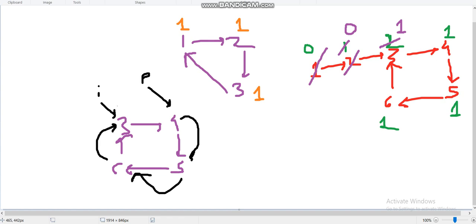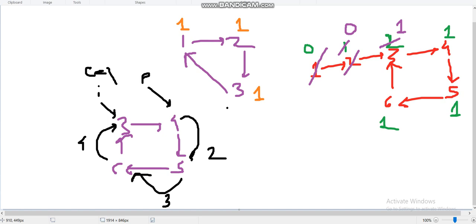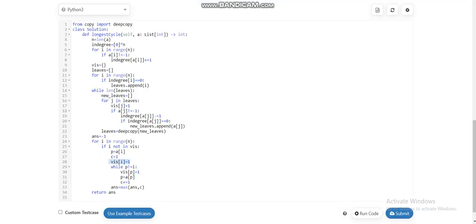The count is 1 here, and when P moves from 4 to 5, the count gets incremented to 2. Here the count gets incremented to 3, and here to 4. At the end I store answer equal to the maximum of answer and C, because a graph can have multiple disconnected cycles. So at the end I return the answer.